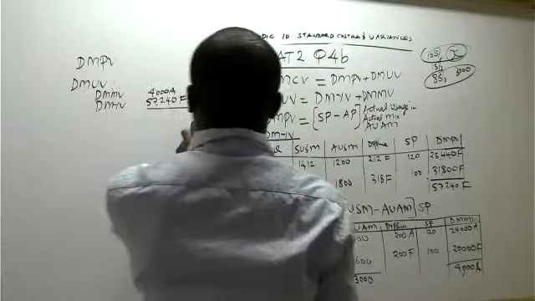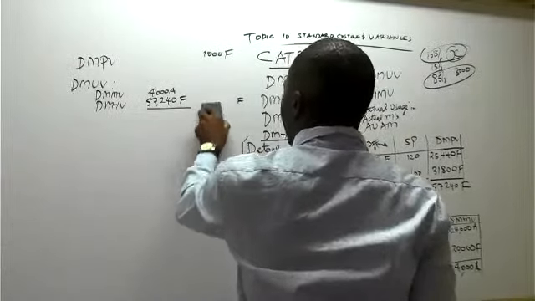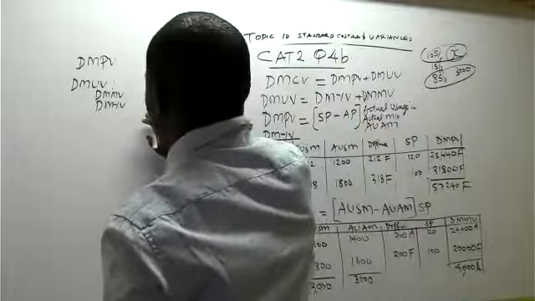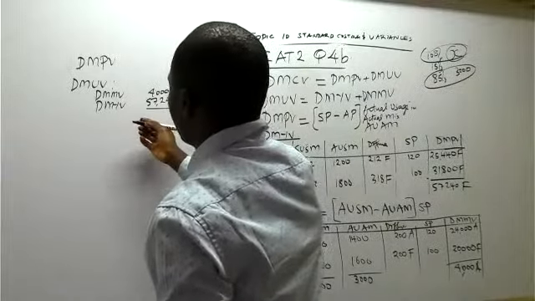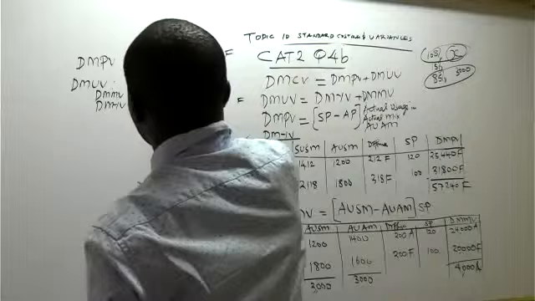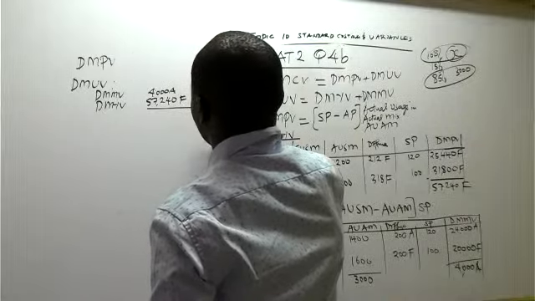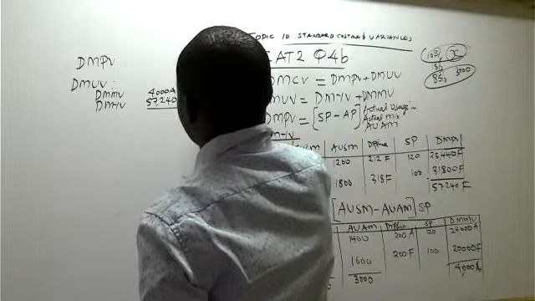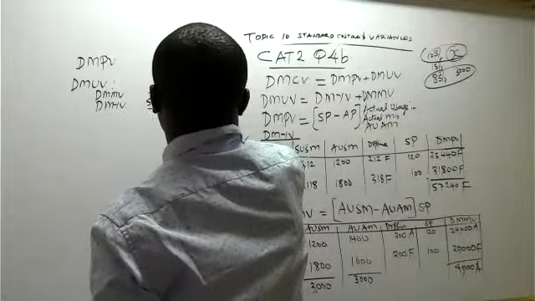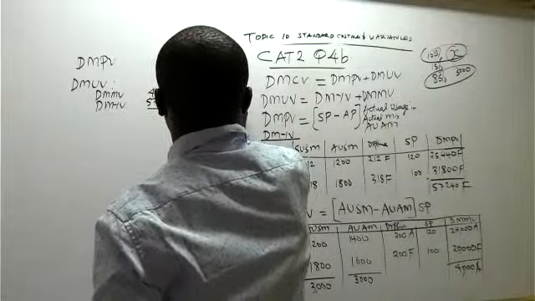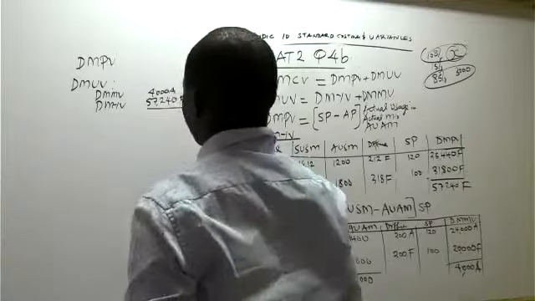Favorable. If that is done, we are going to get what we call, we are going to get these two. When you add that, you are going to get 53 to 40 favorable.